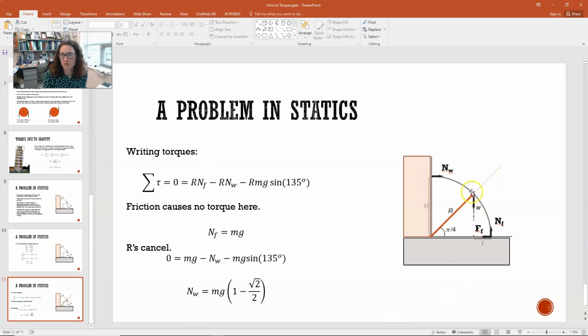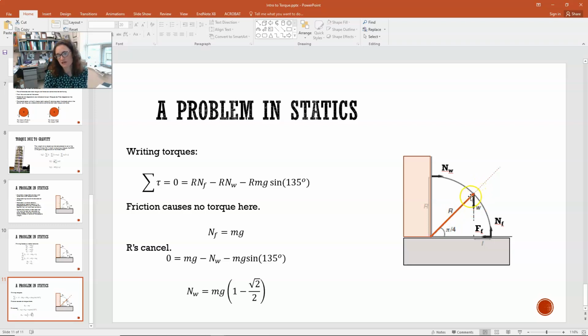Now let's do the weight. If you do the cross product here, you've got R pointing from that intersection to the point of application of the force, which is the center of mass. If you do that cross product, you see that that torque is also going to cause a counterclockwise rotation. So this is a negative torque. Now, however, the angle in between the position vector and the force in this case is not 90 degrees.